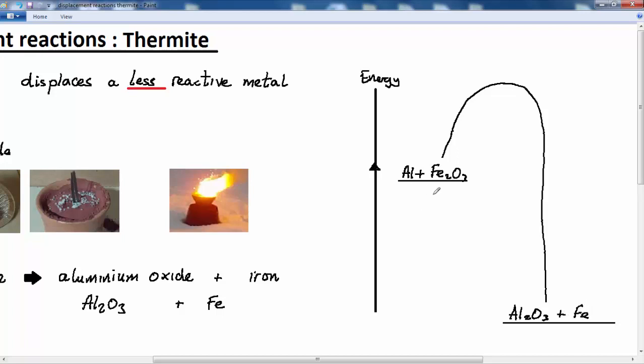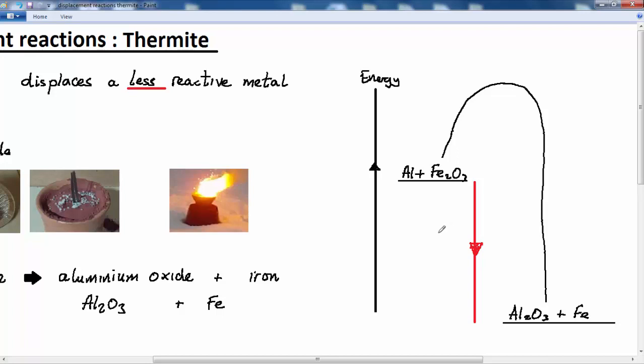And you'll notice that the reactants are higher up in the energy level diagram than the products. That means that this is what we call an exothermic reaction, which means heat is released during the reaction, and the heat that is released during the reaction is represented by the difference between these two energy levels. Okay, so we're dropping from a higher level to a lower level.